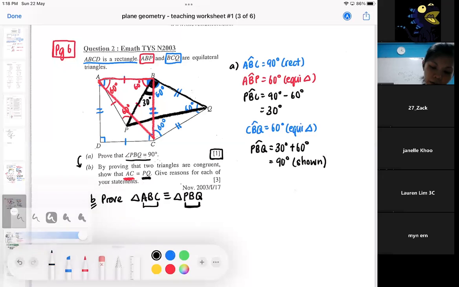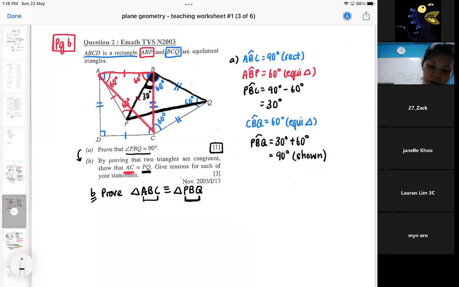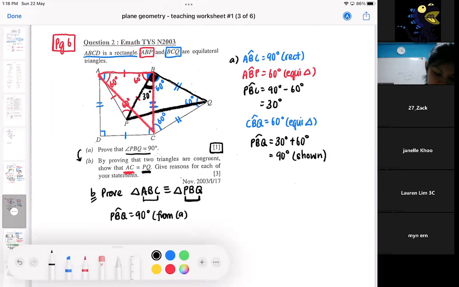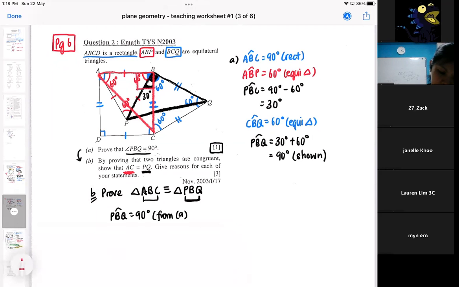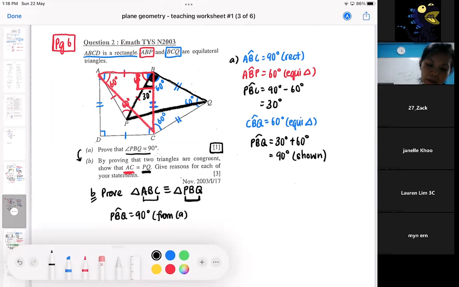Okay, so you will write out the first thing that you can see. Obviously I will use the 90 degrees from part A, and I will use the 90 degrees here. So you don't need to re-explain the 60 degrees and the 30 degrees anymore.